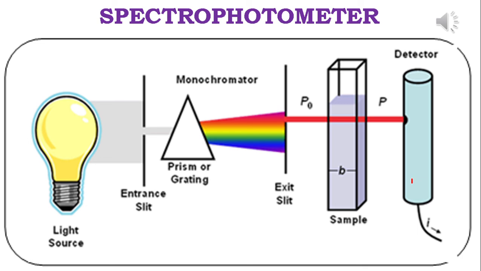Another difference is that in a colorimeter we can use only a visible light, while in a spectrophotometer, depending upon the specification, we may use UV light, visible light, or even infrared light. And the spectrophotometers are more expensive, they are more accurate, and they are more efficient as well.